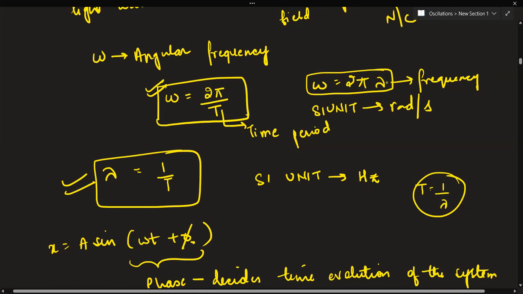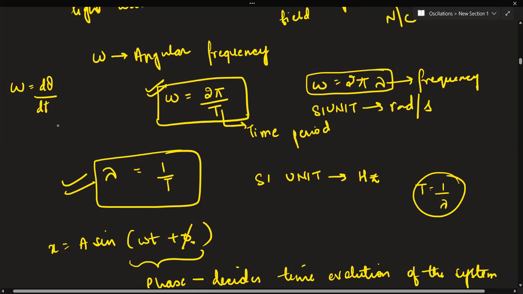Here nu is the frequency, T is the time period, omega is the angular frequency, and the SI unit of omega is radian per second. Omega is basically d theta over dt, and theta is in radians, so this is radian per second.